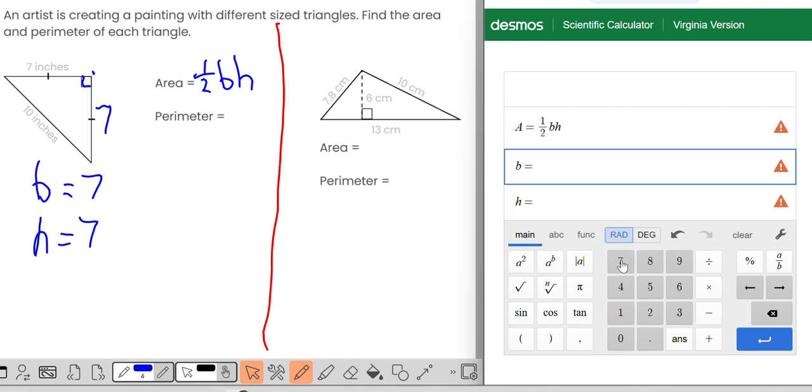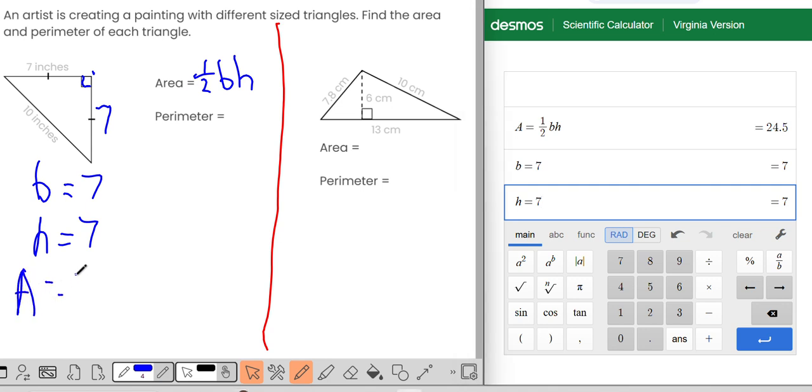So let's come over here and put it in our calculator. Base equals 7, height equals 7. And that means the area is 24.5 inches squared. Remember, area is always squared.